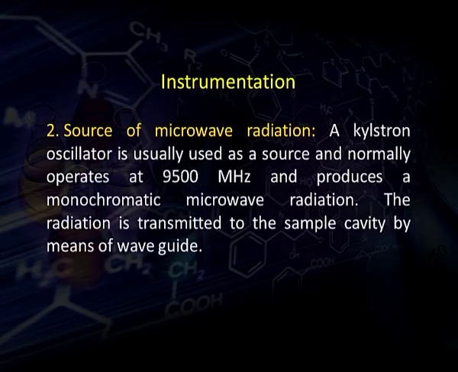A klystron oscillator is usually used as a source, and it normally operates at 9500 MHz and produces monochromatic microwave radiation. The radiation is transmitted to the sample cavity by means of a waveguide. We have already seen this in the schematic presentation of the instrument.